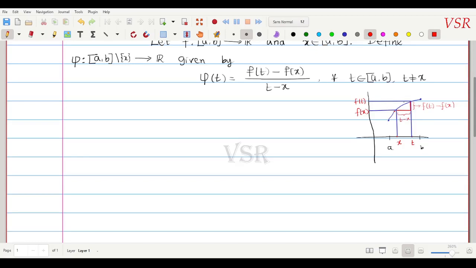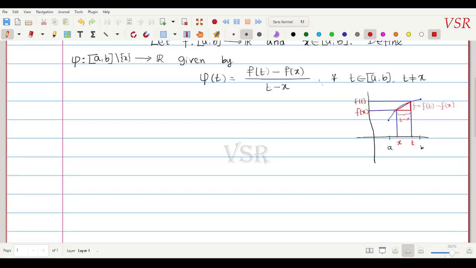Now we know that tan theta is equal to the opposite side over the adjacent side. I take this line also in another color, red. Consider this. This is an angle theta.